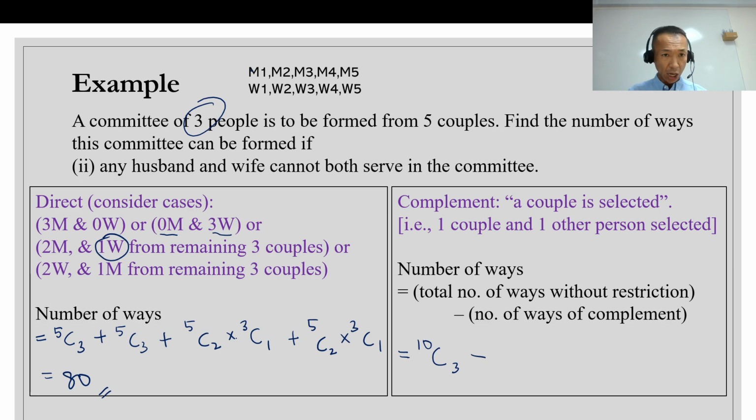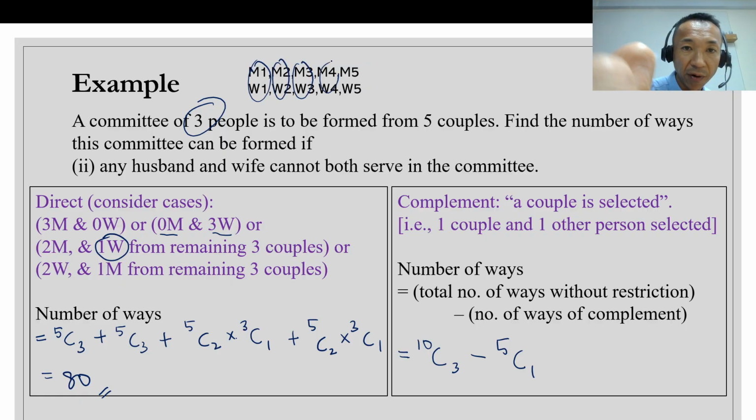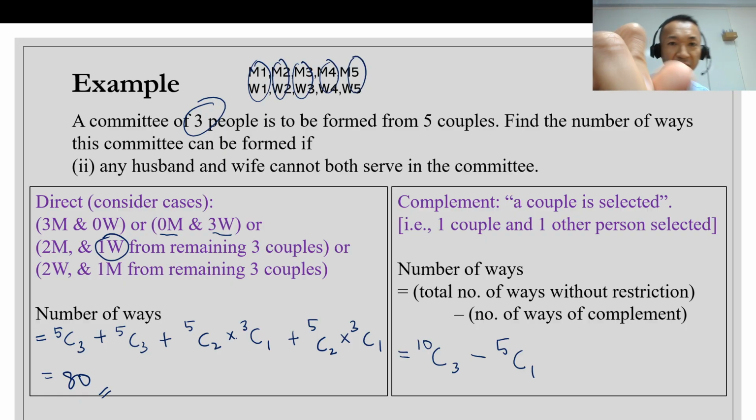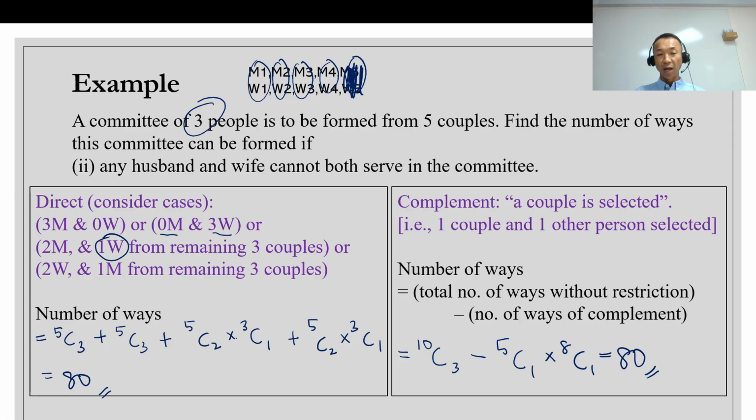The complement case is 1 couple selected, so you choose 1 couple and 1 other person. So 1 couple selected must be 5 choose 1, because out of these 1, 2, 3, 4, 5, I choose 1. After I've chosen 1, out of the remaining 8, I choose 1. Therefore, the final answer is also 80. I hope that's clear. Thank you.